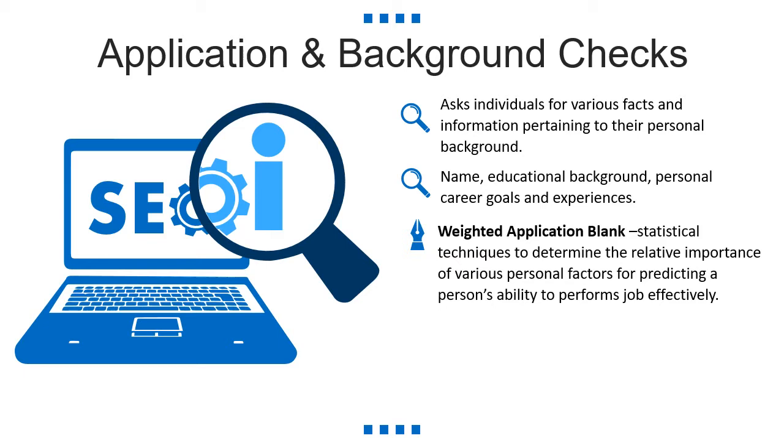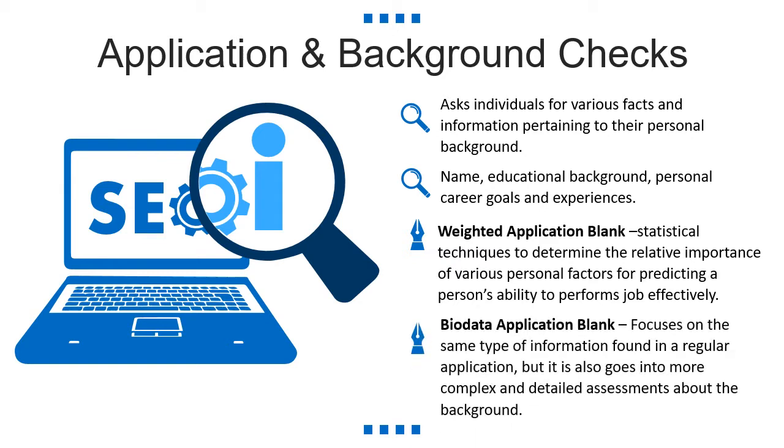The first one is the weighted application blank, wherein statistical techniques are used to determine the relative importance of various personal factors for predicting a person's ability to perform jobs effectively. The next one is the biodata application blank, which focuses on the same type of information found in a regular application, but also goes into a more complex and detailed assessment of the background.